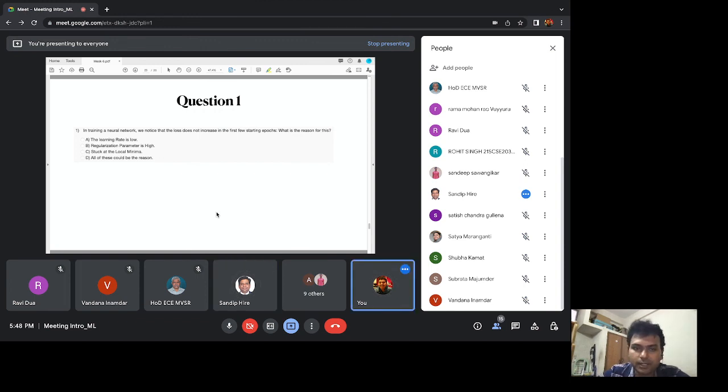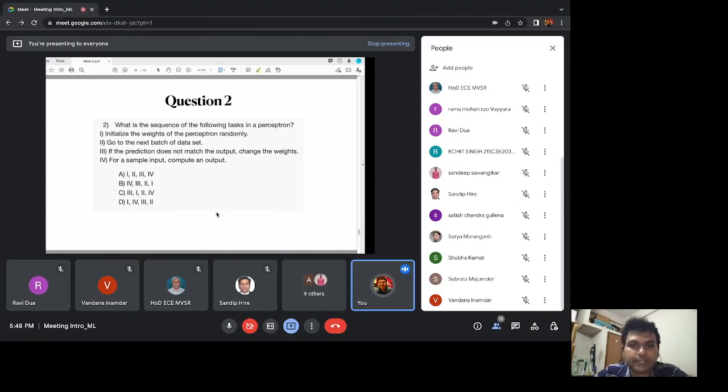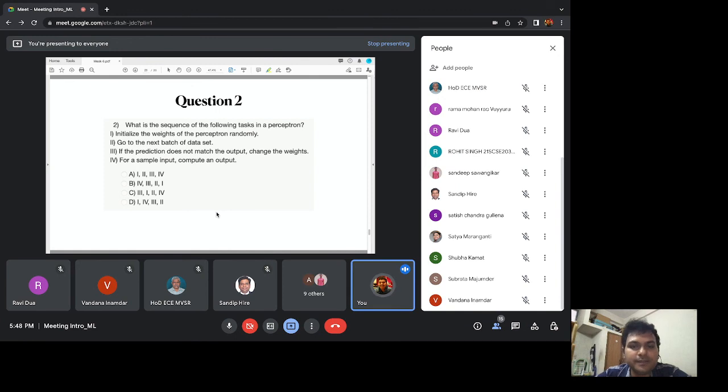Okay, then going on to question 2, what is the sequence of the following tasks in a perceptron? Perceptron means maybe you just talk about neural networks. So the first point is initialize the weights of the perceptron randomly, go to the next batch of the dataset. If the prediction does not match the output, change the weights. For a sample input, compute an output.